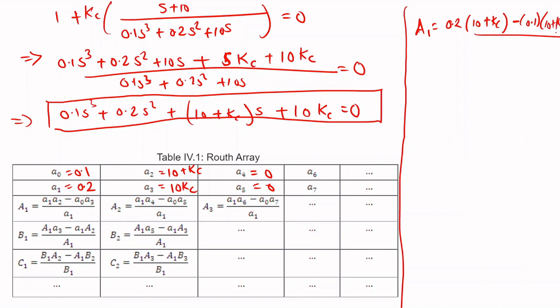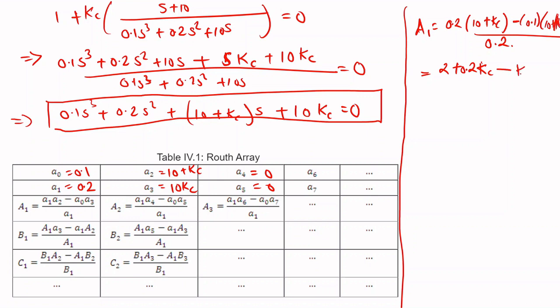Ten plus Kc upon 0.2, that is 2 plus 0.2 Kc, minus, over here we are having 10 Kc.